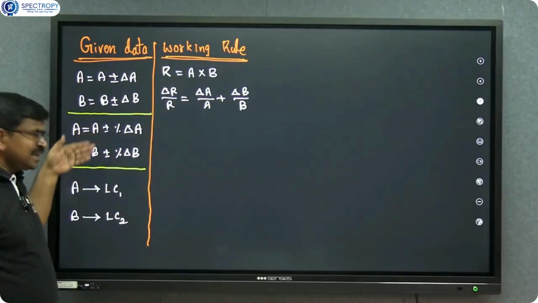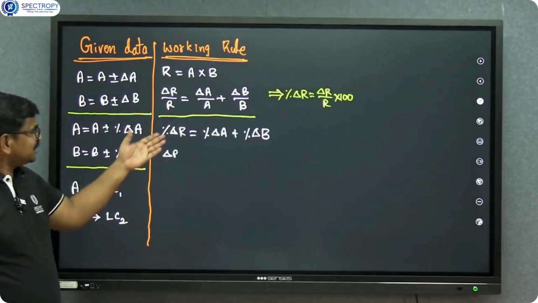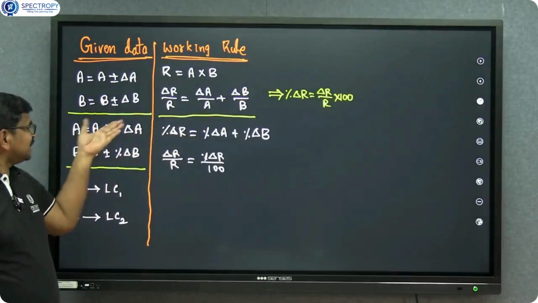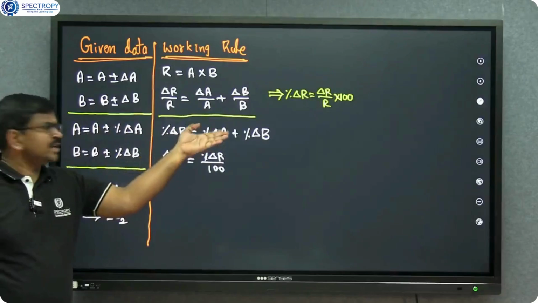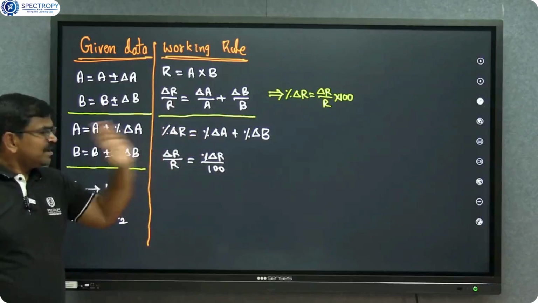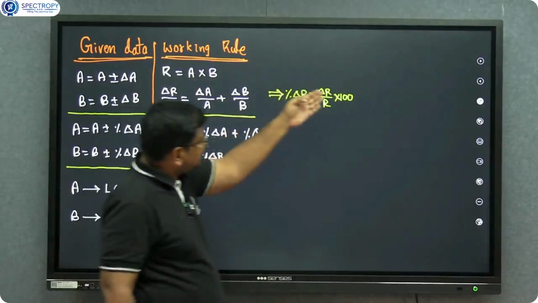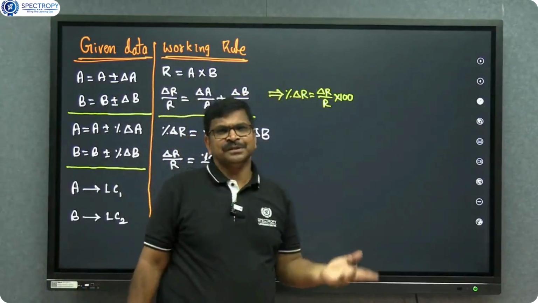In the case of percentage error data, add the percentage errors directly, percentage delta a plus percentage delta b. And from this, you can get the relative error, or from the relative error, you can get the percentage error based on the question.